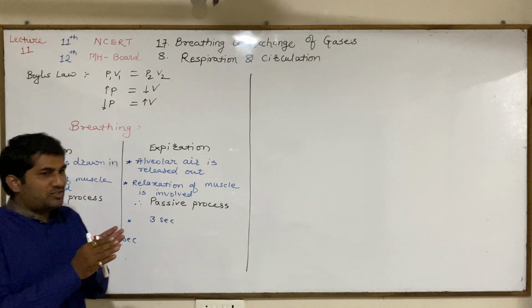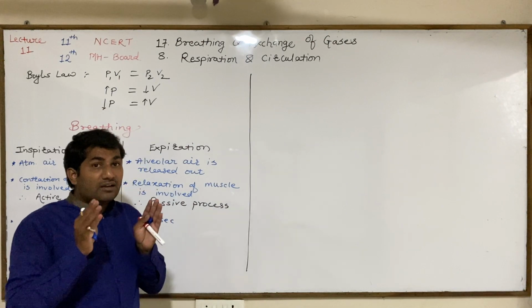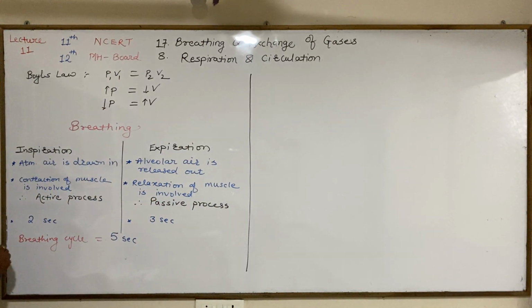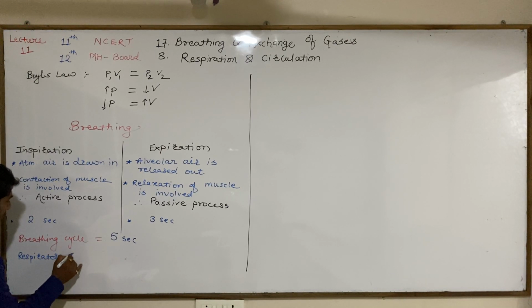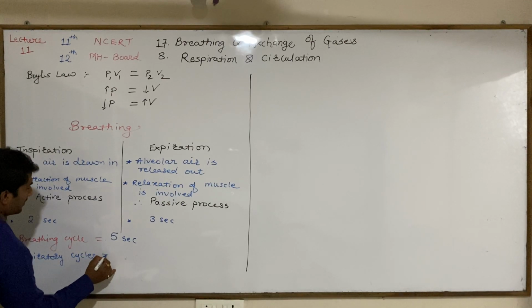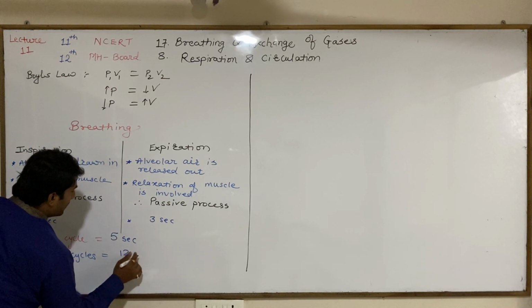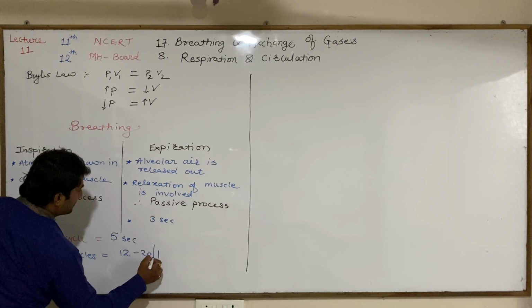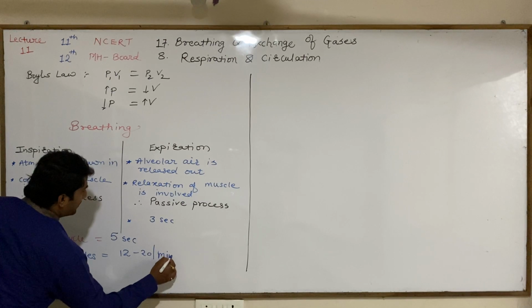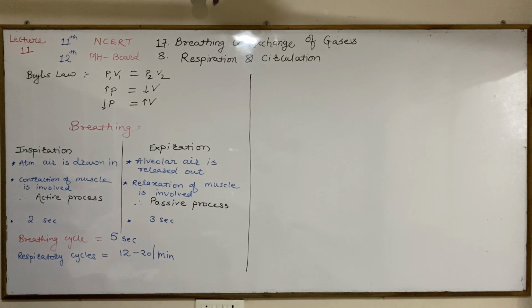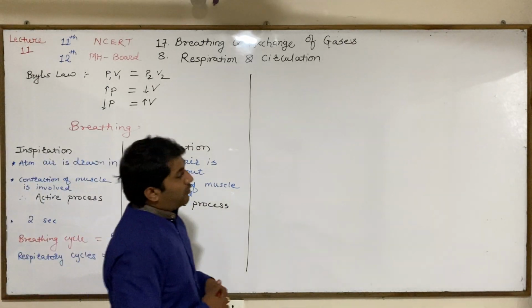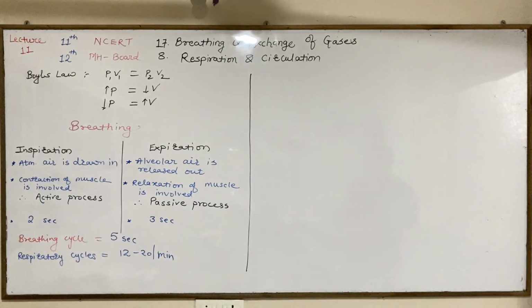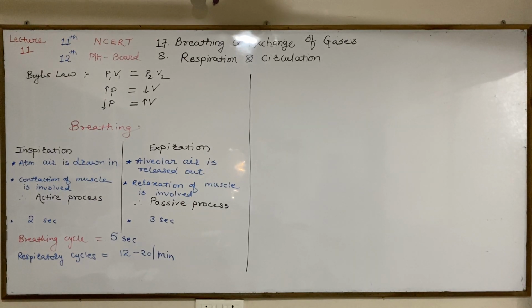So normally there will be 12 respiratory cycles in a minute, 12 to 20 per minute depending upon the type or mode of respiration, whether we are breathing vigorously or slowly.